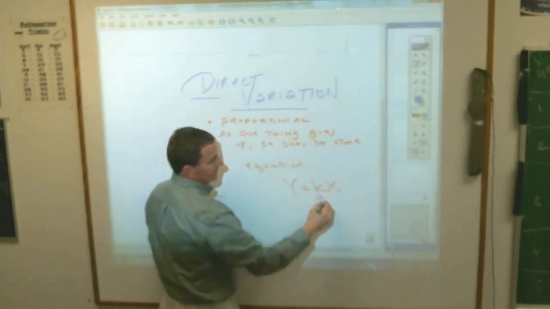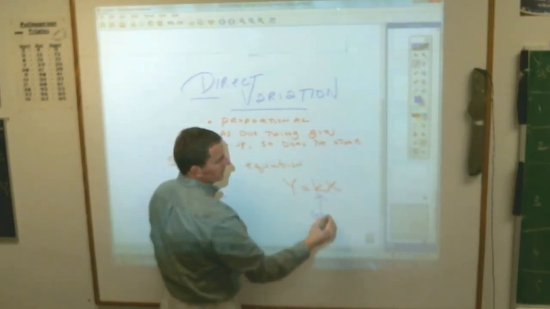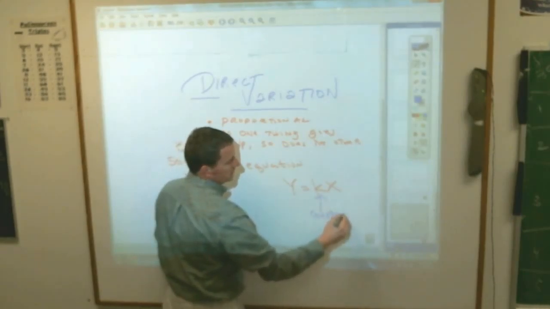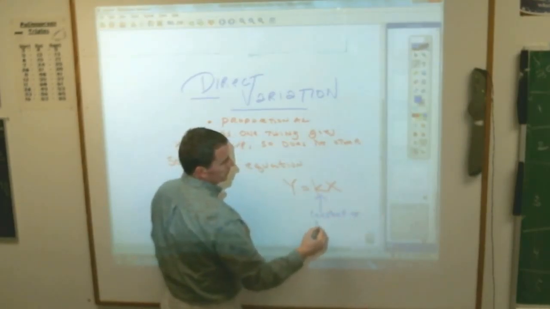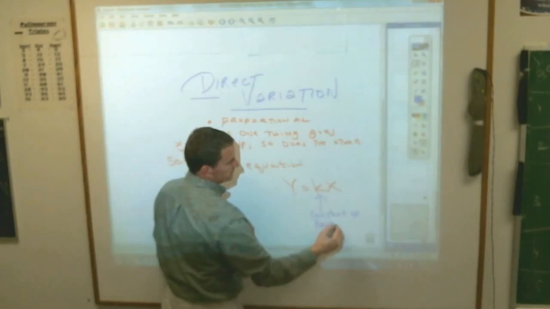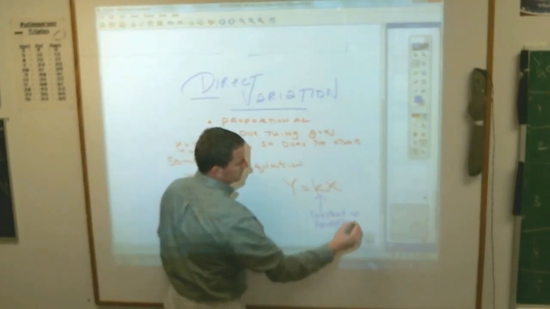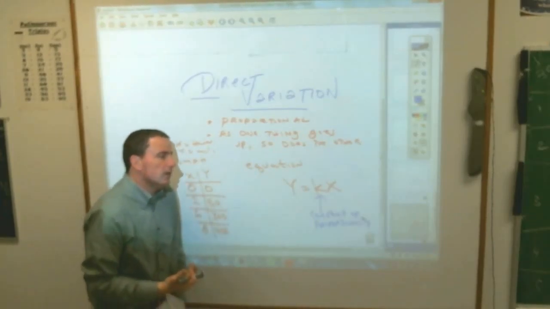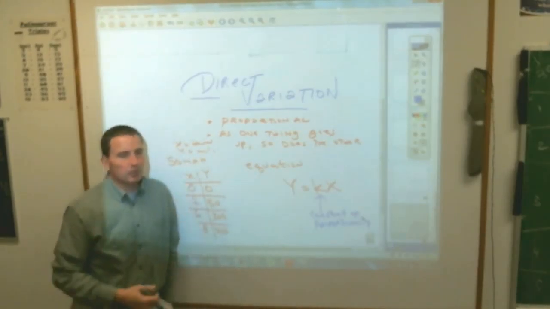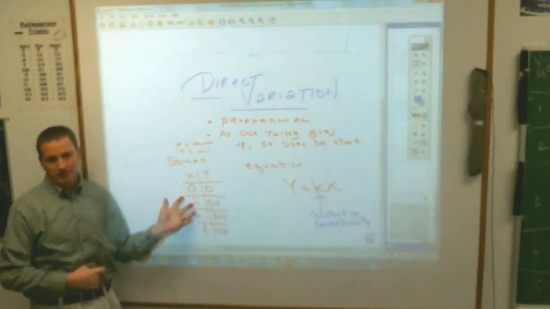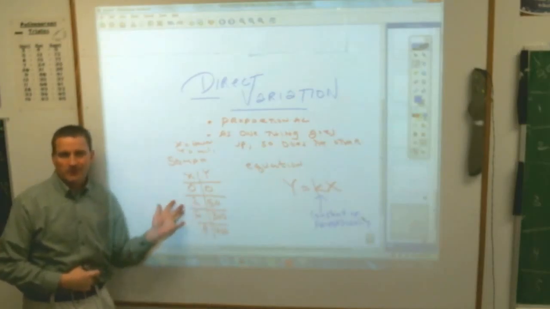The letter k is what we call the constant of proportionality, which simply means, what do you multiply x by to get y? Over here, my constant of proportionality was 50.